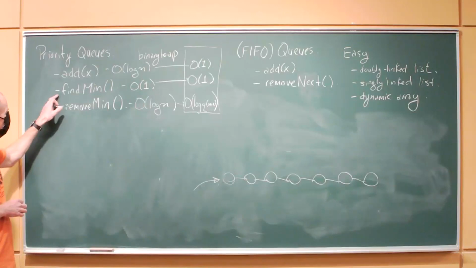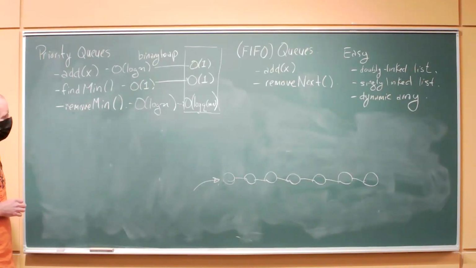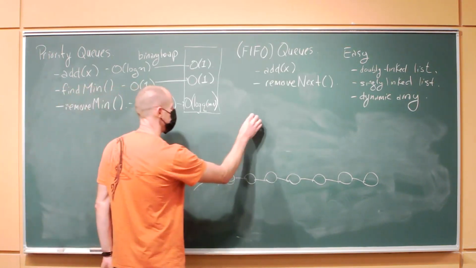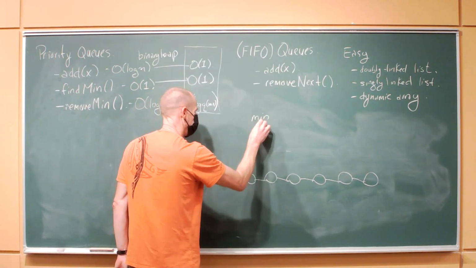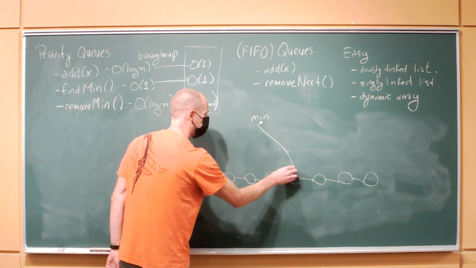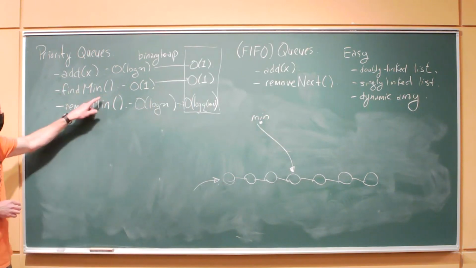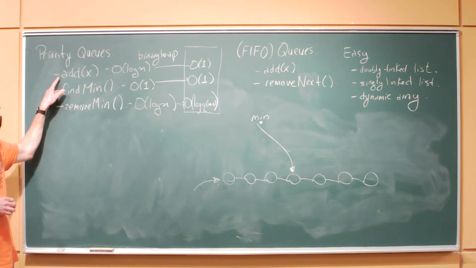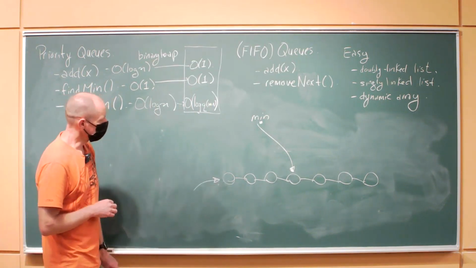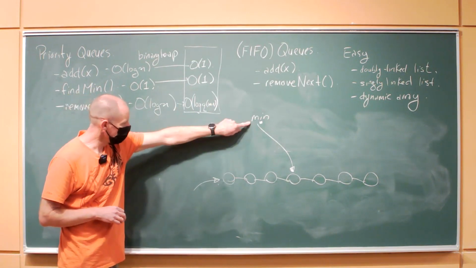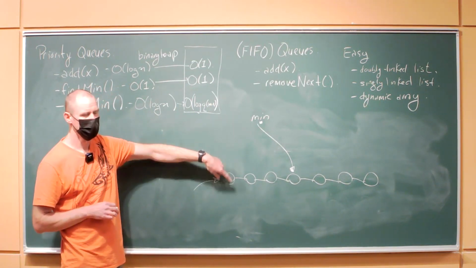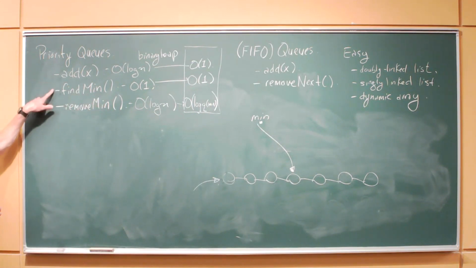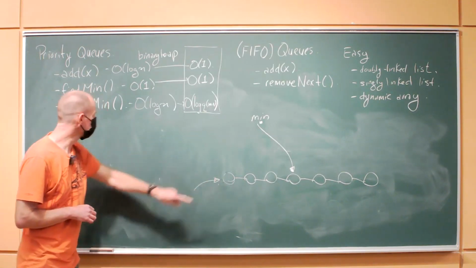One way to deal with find min is the same way that it's dealt with in heaps, which is you just maintain an explicit pointer to whatever thing happens to be the minimum. Then I can tell you the min in constant time. And add works fine with that, because when I add something new, I can check to see if it's smaller than the current min and then update the current min if necessary. So these 2 operations are easy to do, and this works.